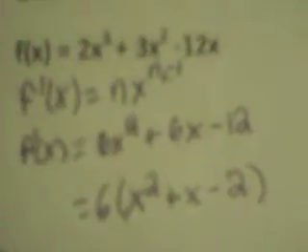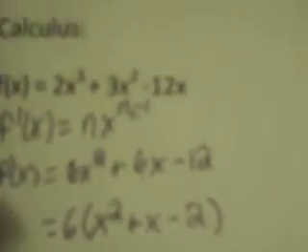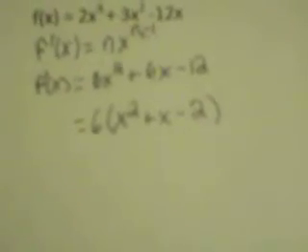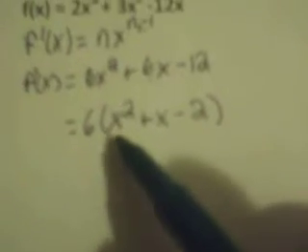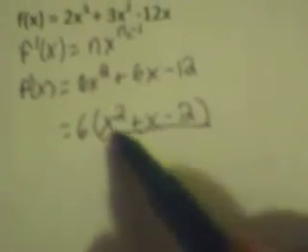Well, we're going to do something called the first derivative test. And this is a surefire way to find at which intervals the function is increasing or decreasing. In order to do this, however, we need to factor. So we will factor this.